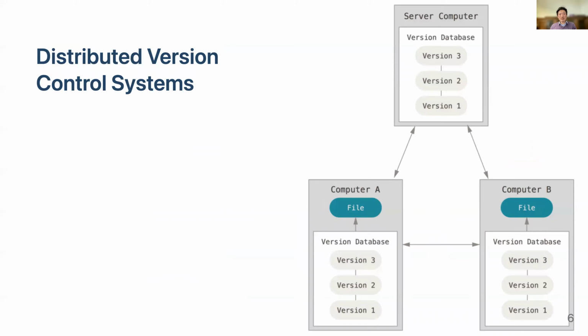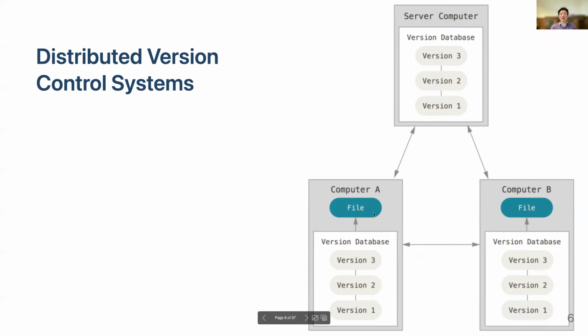Okay, and then the final variant of the version control system is called the distributed version control system. So this is what it looks like. In this system, you still have a server which hosts a versioning database containing all the versions.